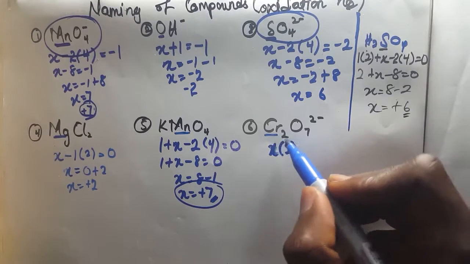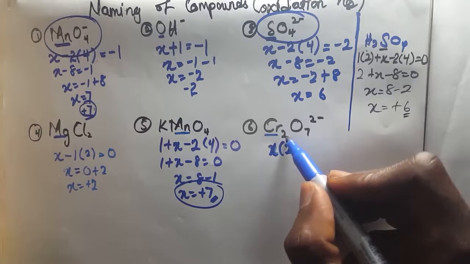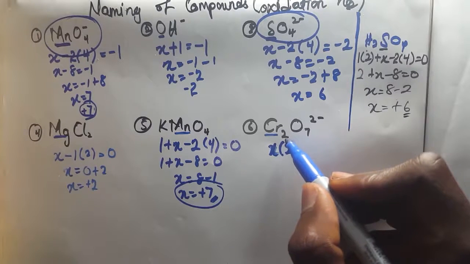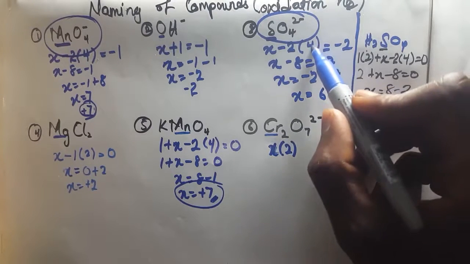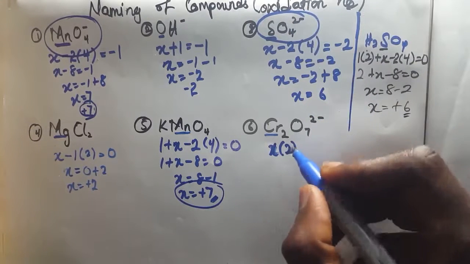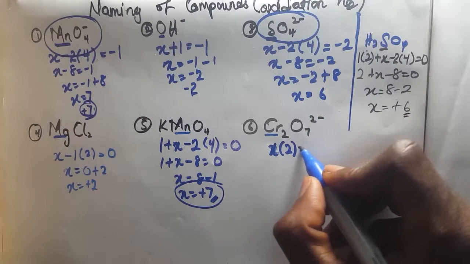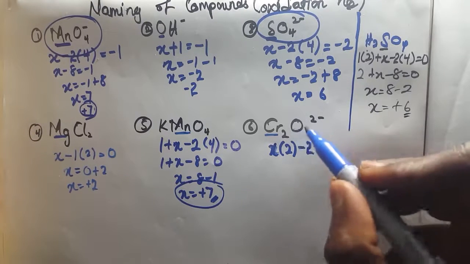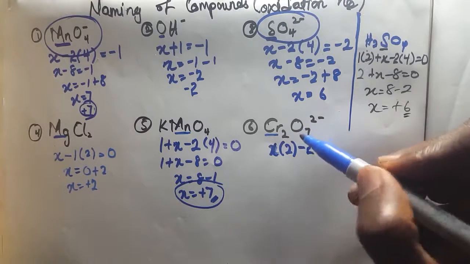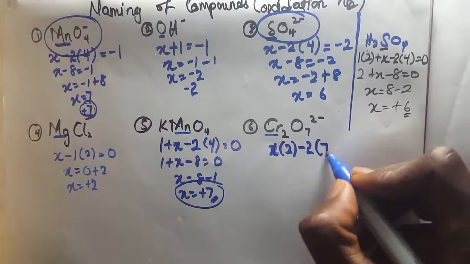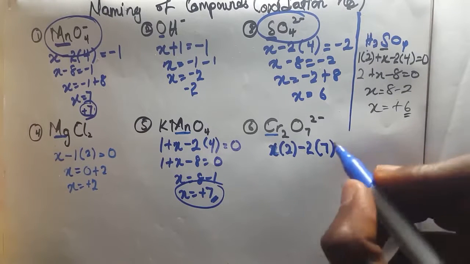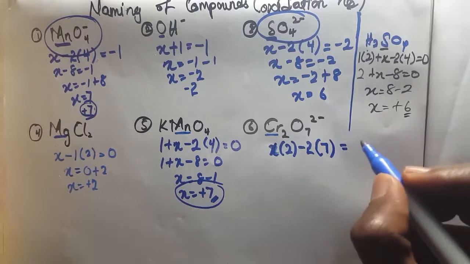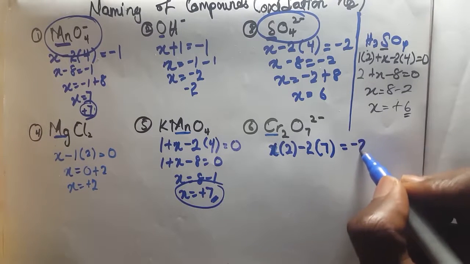We are finding for X, 2 atoms of chromium. Over here we multiply by 4 because there were 4 atoms of oxygen. So by 2, minus, oxygen is minus 2, because the charge of the oxygen ion is minus 2, times 7, equal to negative 2. Why negative 2?